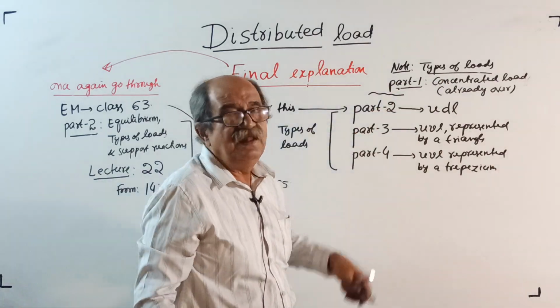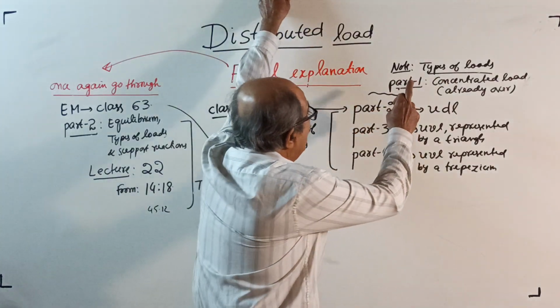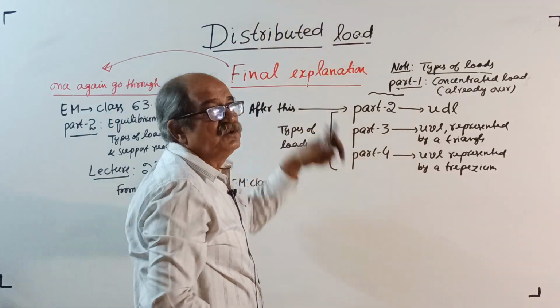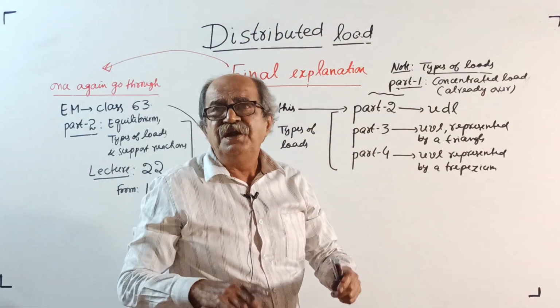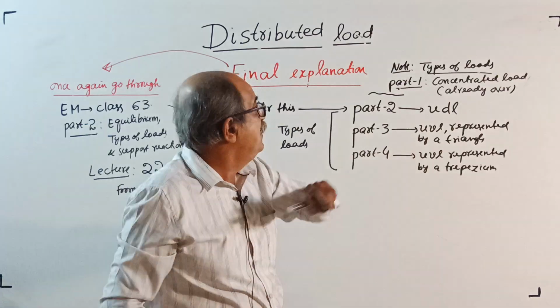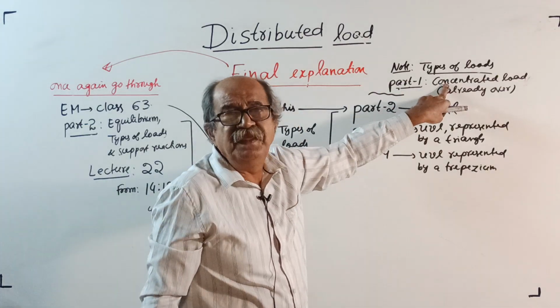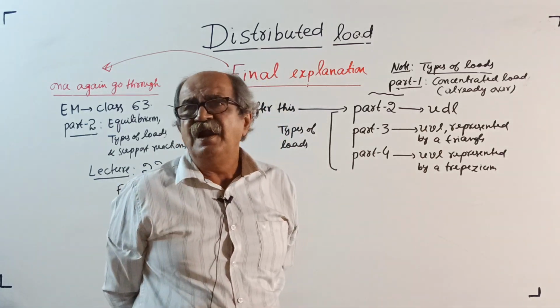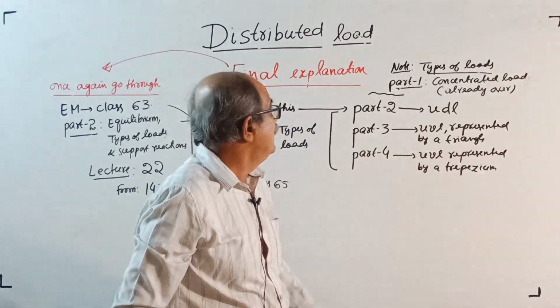So what we have to cover is types of loads: part 1, point load, is everything over: how to find load, how to locate line of action, and how to find moment also.